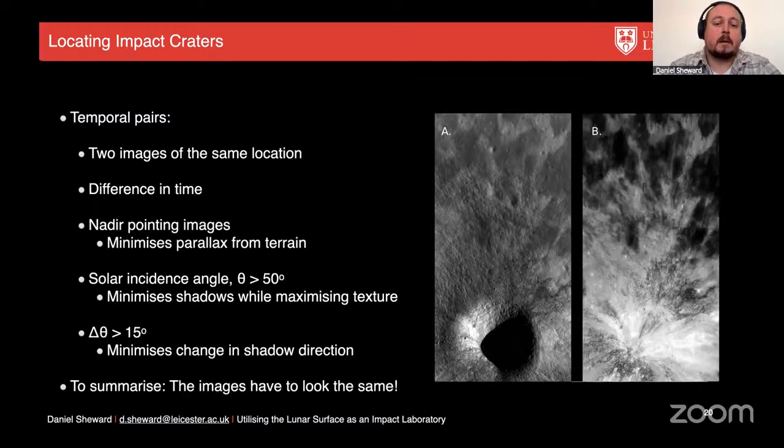So the incidence angle is very important in making these because, as you can see on the image on the right, we have two images of the same location with different incidence angles. The one on the left is a high incidence angle. The one on the right is a low incidence angle. And it's quite difficult to actually tell that these are even the same place.